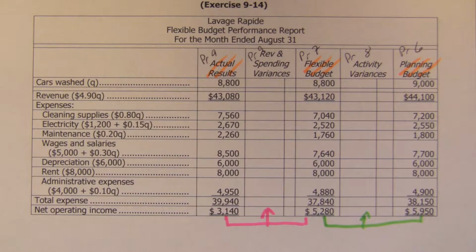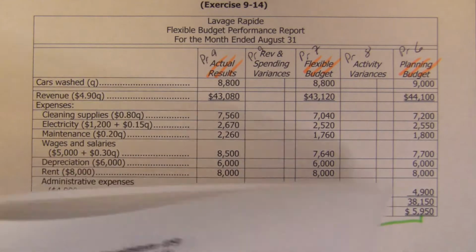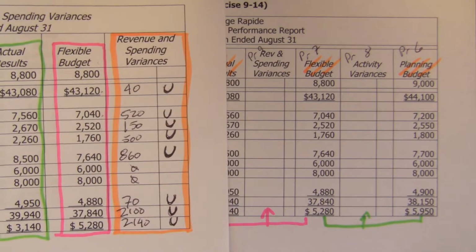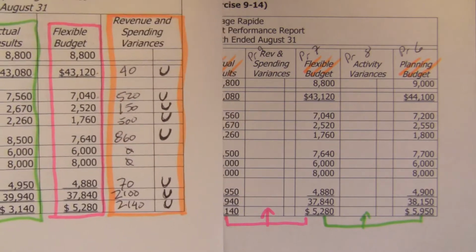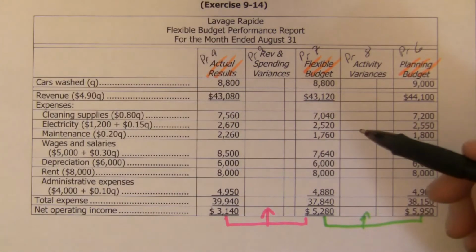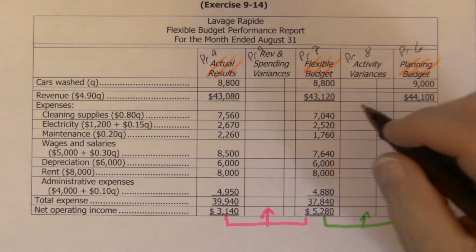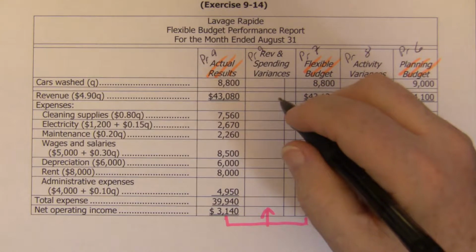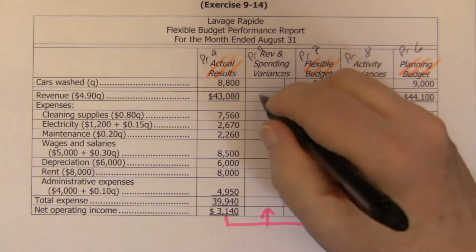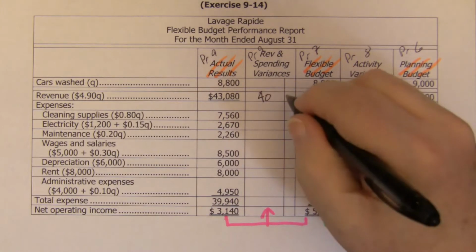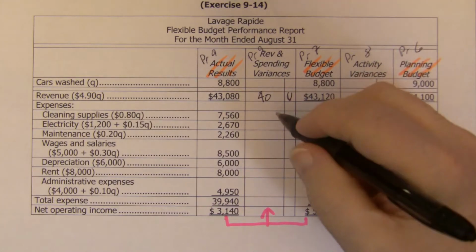So the revenue and spending variances, and these are right from that last problem we did. I'm just going to go right down the list and copy them down. You can follow along with me if you like, or you can go get a snack if you like. So the revenue is 40, and that's unfavorable.